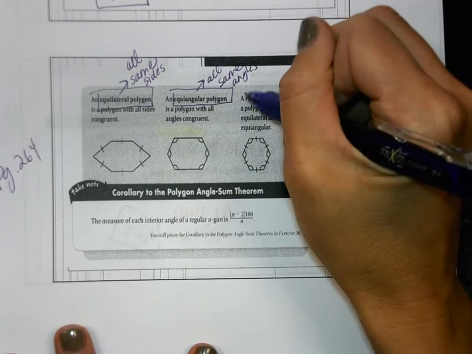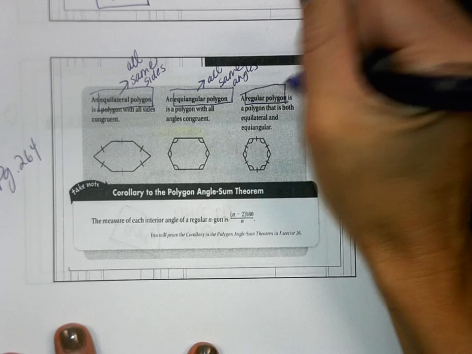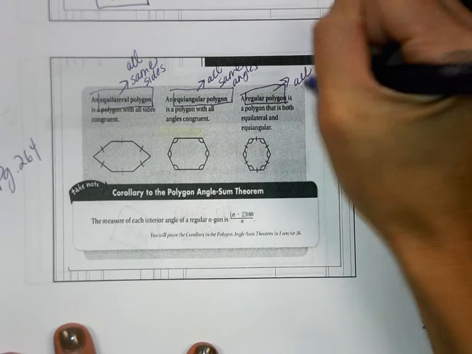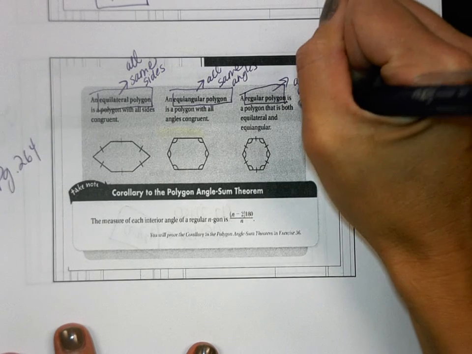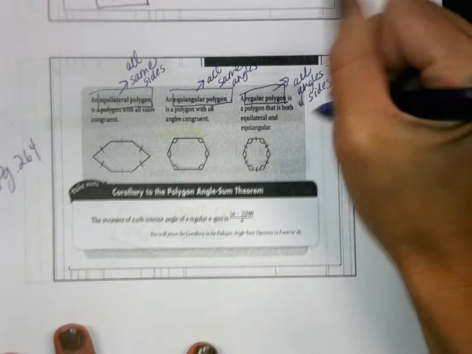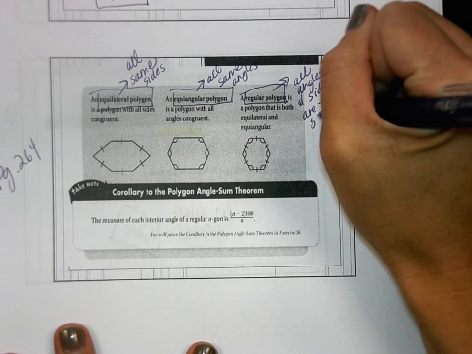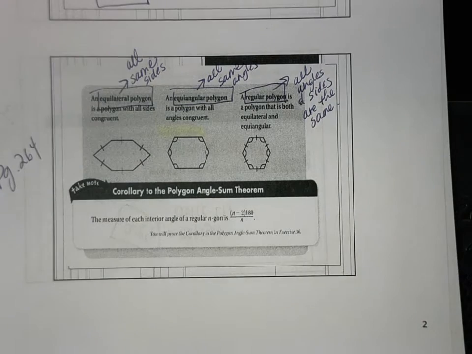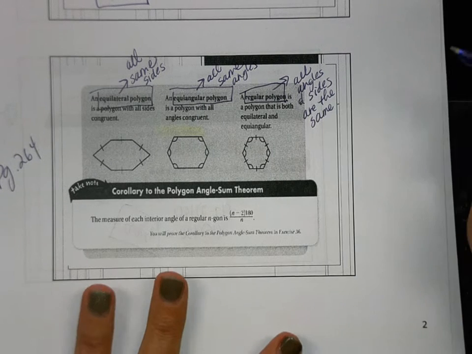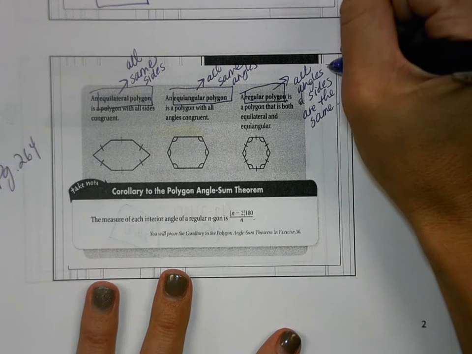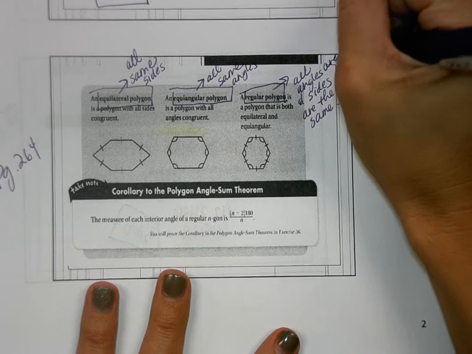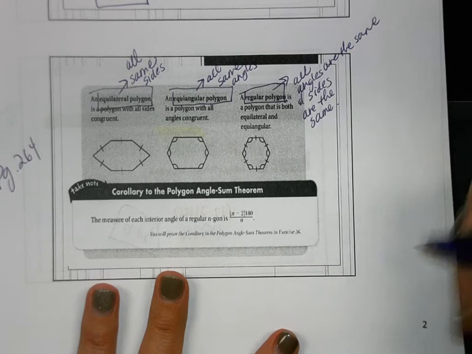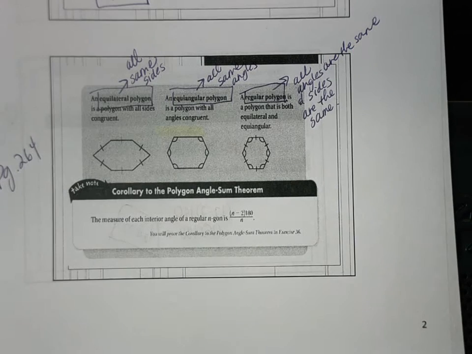Now, a regular polygon means both: all angles and sides are the same. Specifically, it doesn't mean that the sides are the same as the angles, but all of the angles are going to be the same degree, and all the sides will be the same lengths. So maybe I should put all angles are the same and sides are the same, so that you know they're not exactly equal.